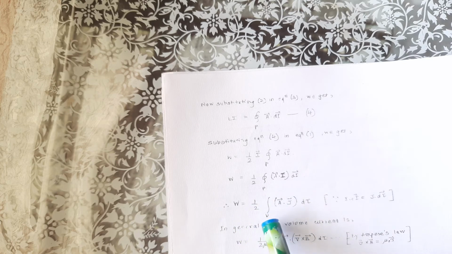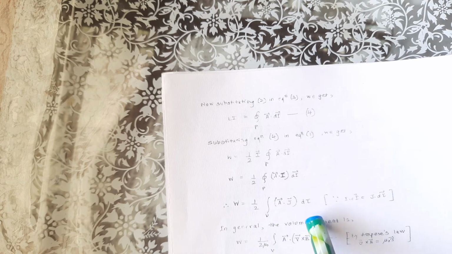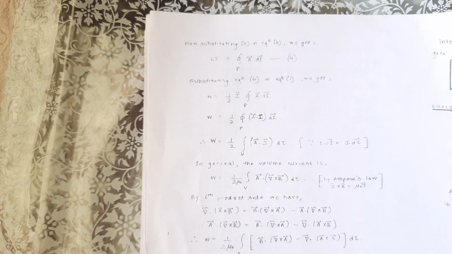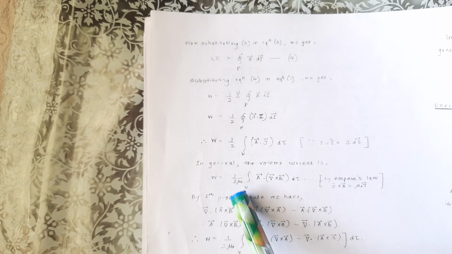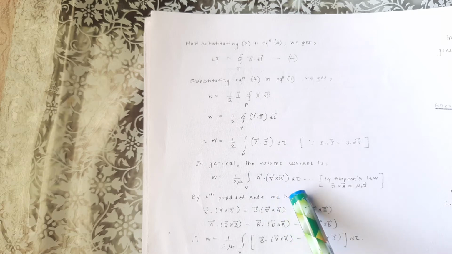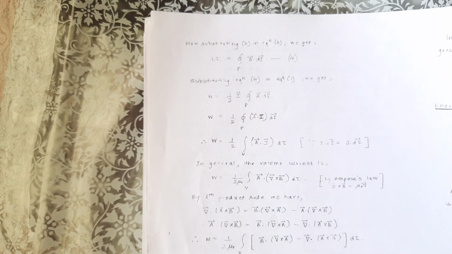Considering the volume integral, the above equation becomes W = 1/2 volume integral of A dot J dτ. In general, this is written as 1/(2 mu 0) times the volume integral of A dot (del cross B) dτ, since we know Ampere's law, del cross B = mu 0 J. So we can substitute here.